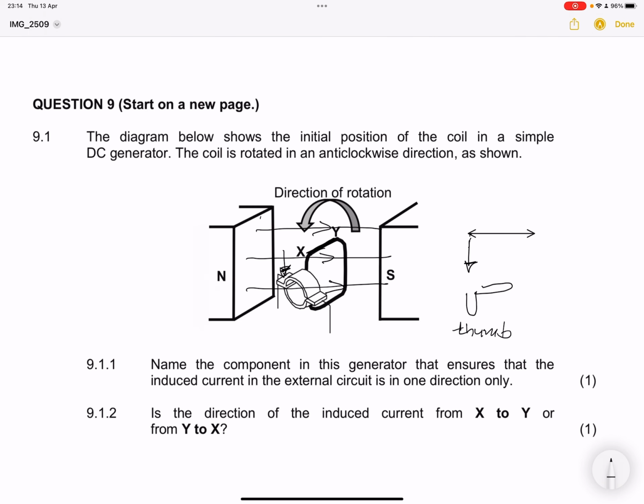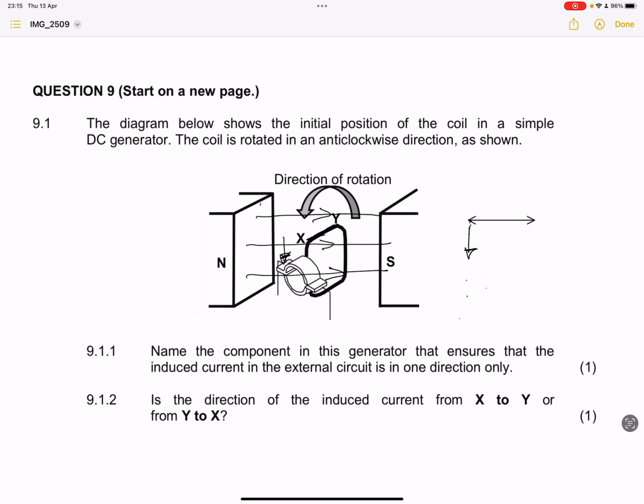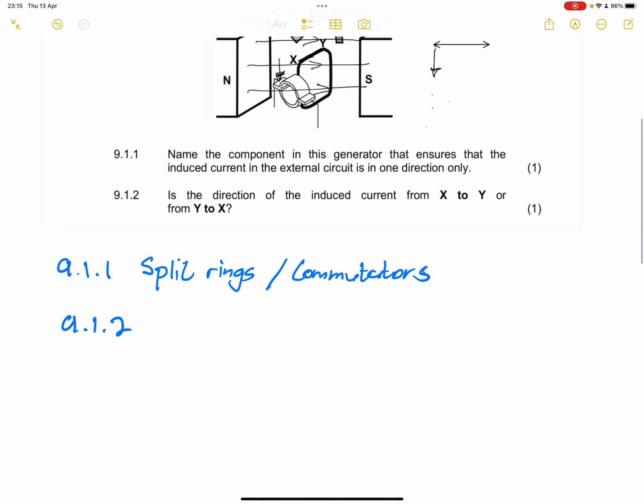Your second finger would point in this direction here, so current would be moving from Y to X. I hope I could do that for you. When we place them at right angles to each other, the current moves from Y to X. So our answer there is Y to X.